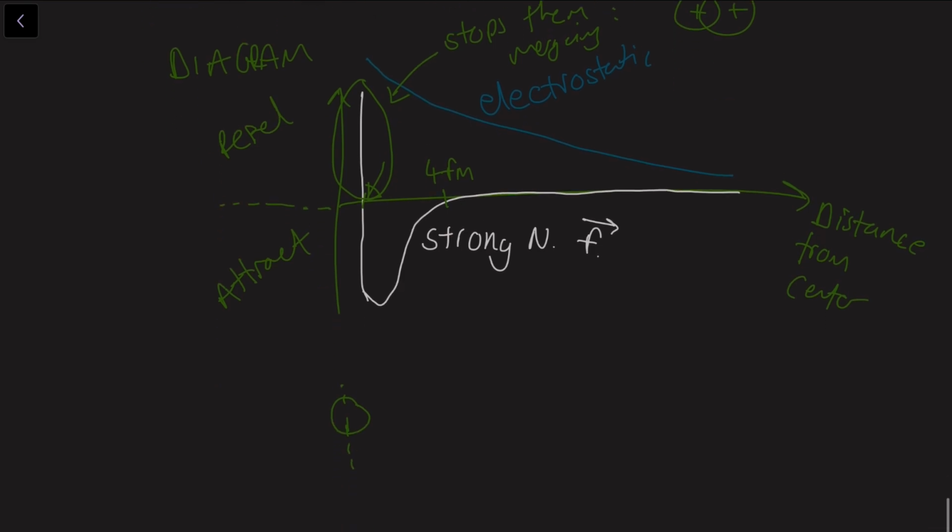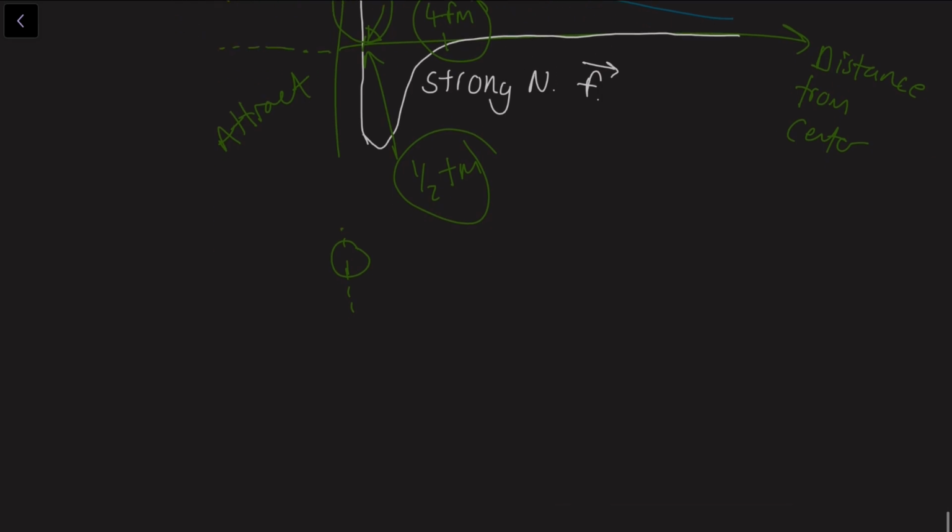Then when it becomes attractive, I believe the figure AQA want is around half a femtometer. That may not be right. I think it's about half to 1.5, so you're probably safe with saying 1 femtometer. But it's important to label these 2 things on the axes.